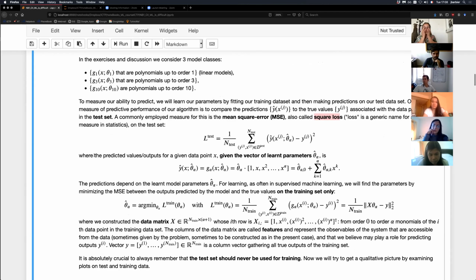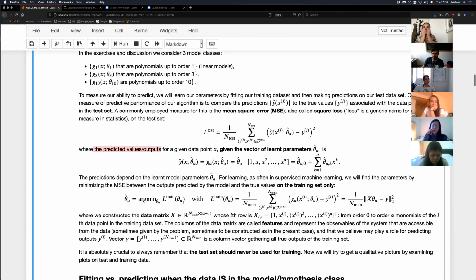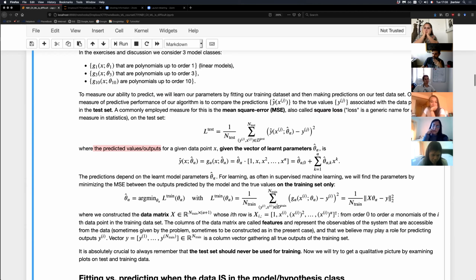And how do we obtain these parameters? The learned parameters are obtained by taking the argmin of the training error. The training error is a sum of the square differences between our predictions and the true labels on the training data only.